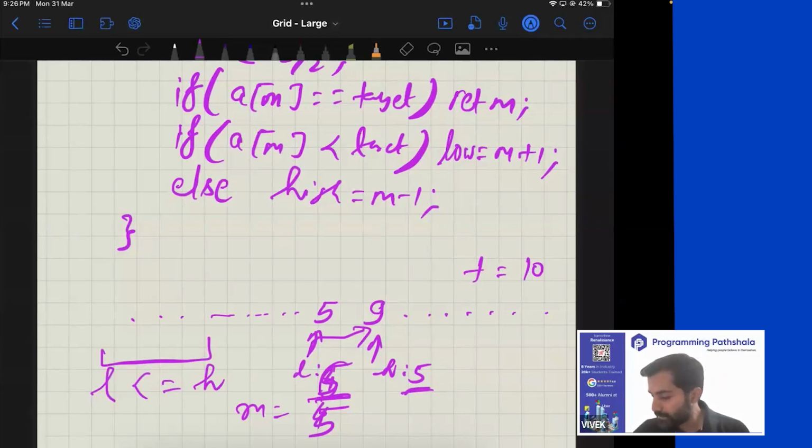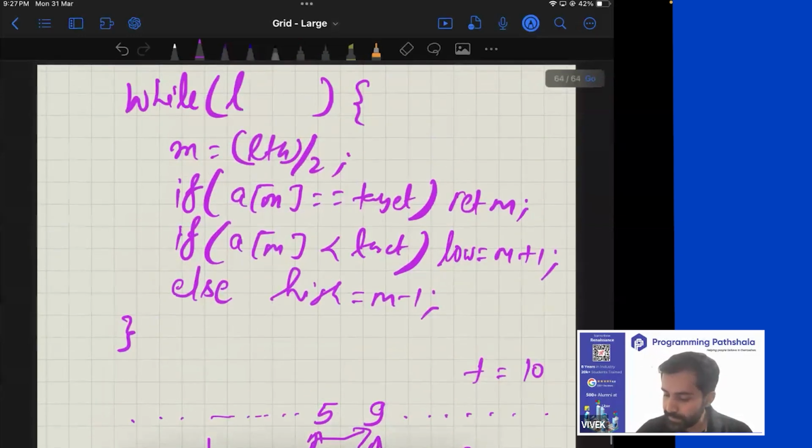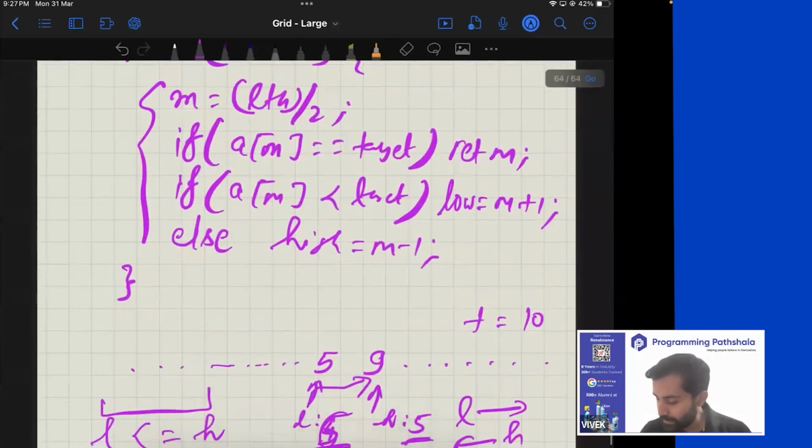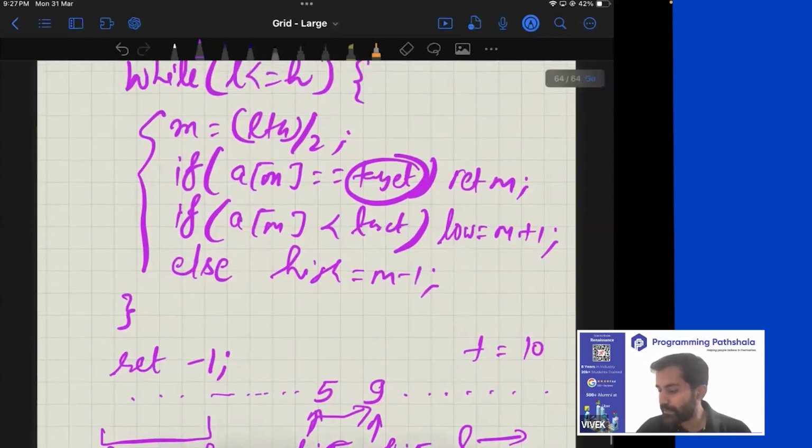If it ever happened that low overshot high, that means you are out of search space. So you will say while low is smaller than or equal to high, you will keep on doing this. And in the end, you can return -1 to signify that there was no index where my target was found. Because if at all it was there, you must have returned it right from here.